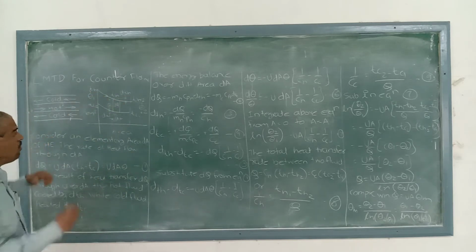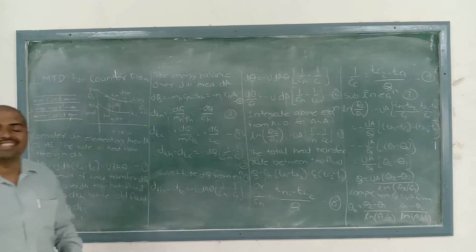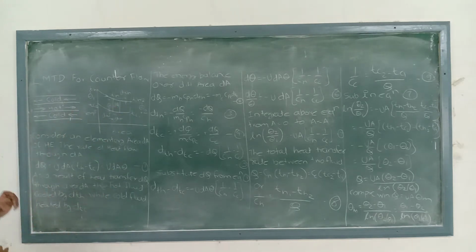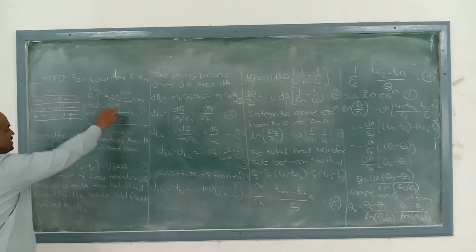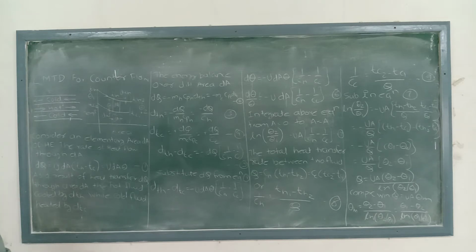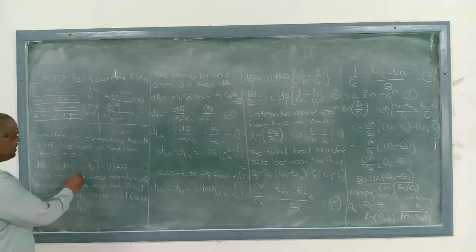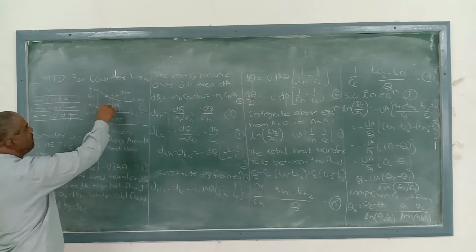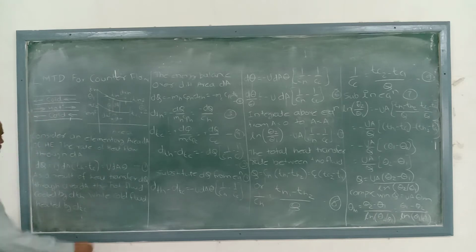Over this small elemental area the heat exchange is dQ. So the rate of heat flow is dQ equal to U into dA into (TH minus TC), as per the generalized heat transfer equation for the heat exchanger. This temperature difference TH minus TC we write as theta, and we call this equation number 1.